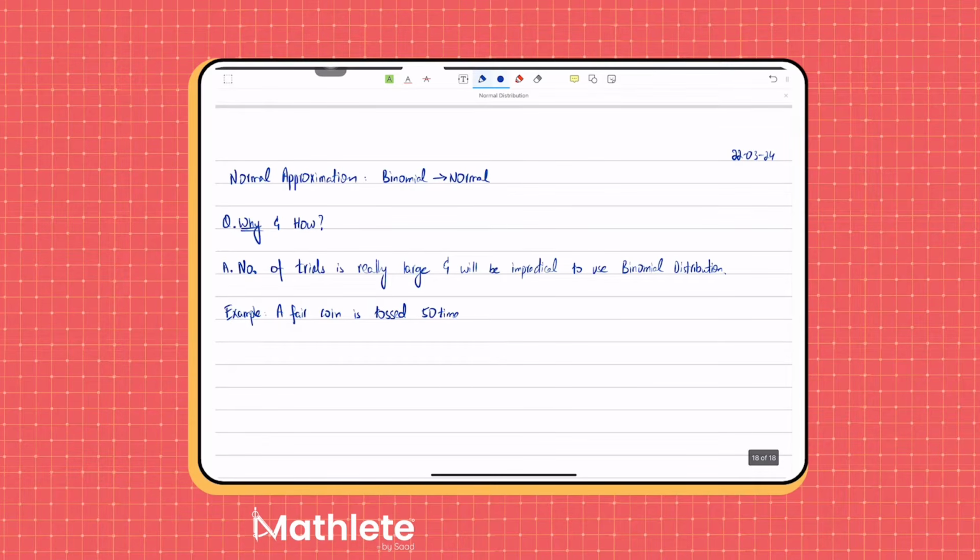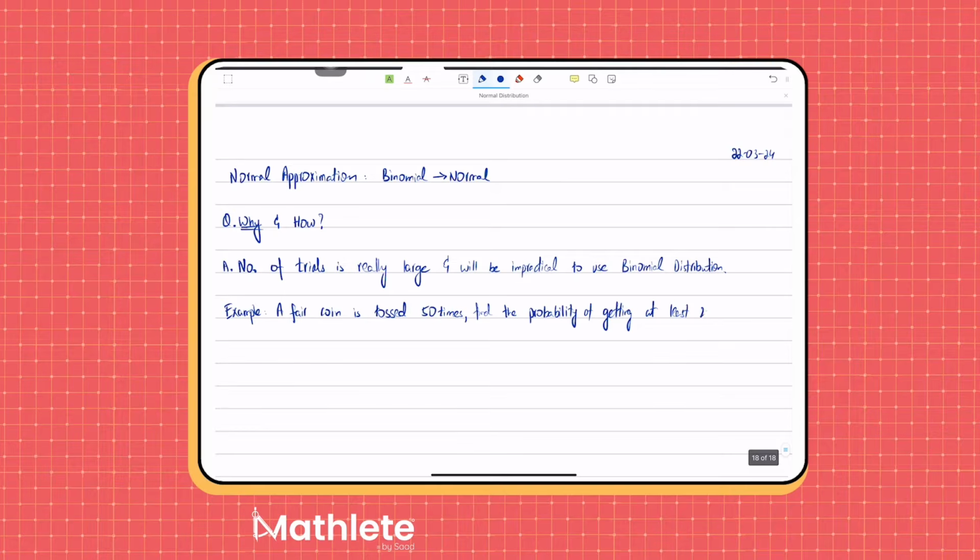So you're tossing a fair coin 50 times, and you're asked to find the probability of getting at least 20 heads. Since it says at least, that means it could be 20, could be 21, 22, 23, all the way up to 50.